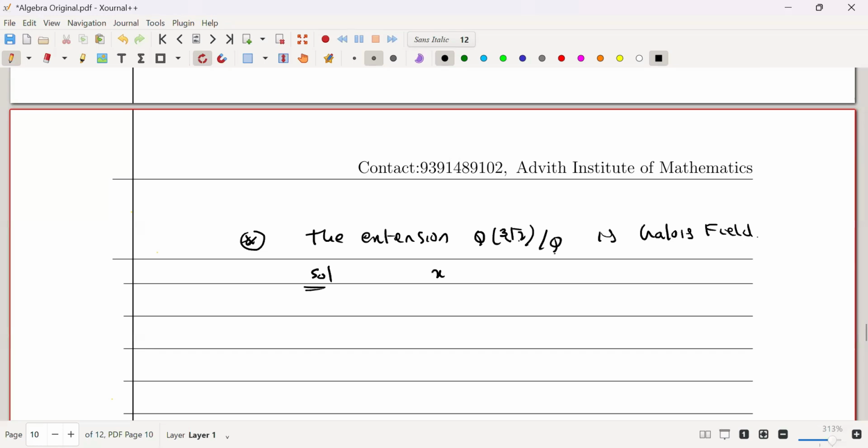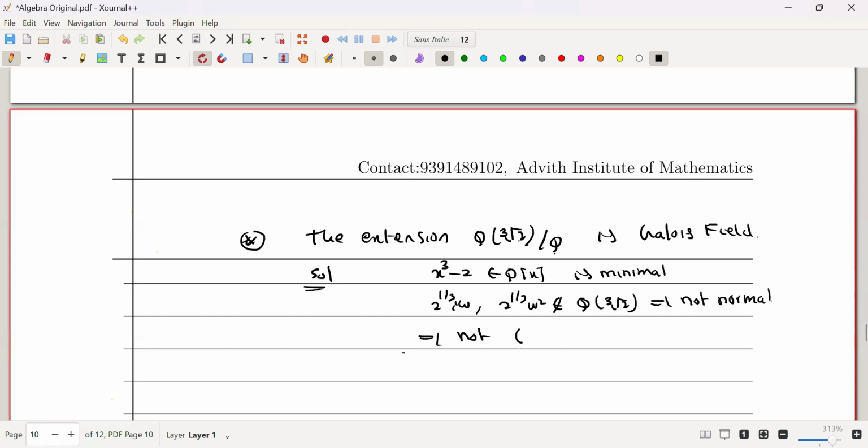The minimal polynomial x cubed minus 2 belongs to Q of x and is minimal. But 2 power 1 by 3 into omega and 2 power 1 by 3 into omega square do not belong to Q of cubic root of 2, which implies it is not normal. Right? So if it is not normal, it is not Galois.